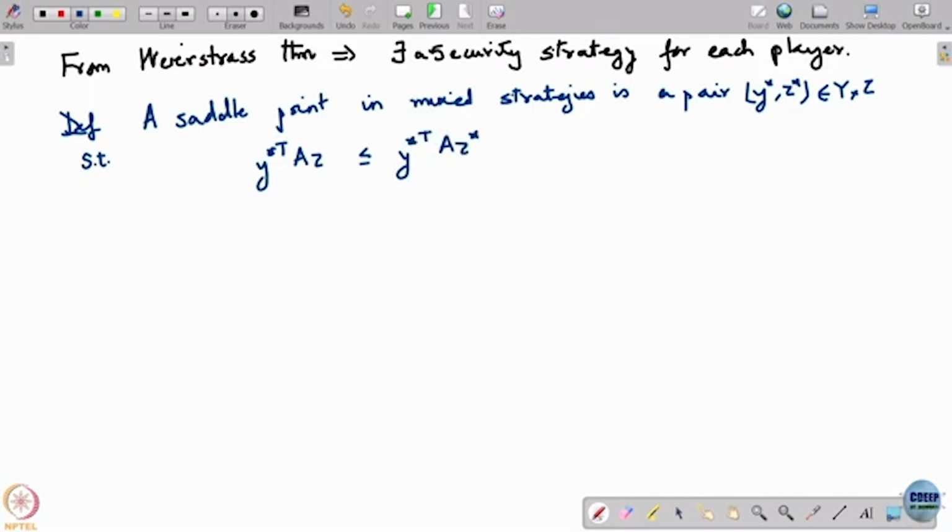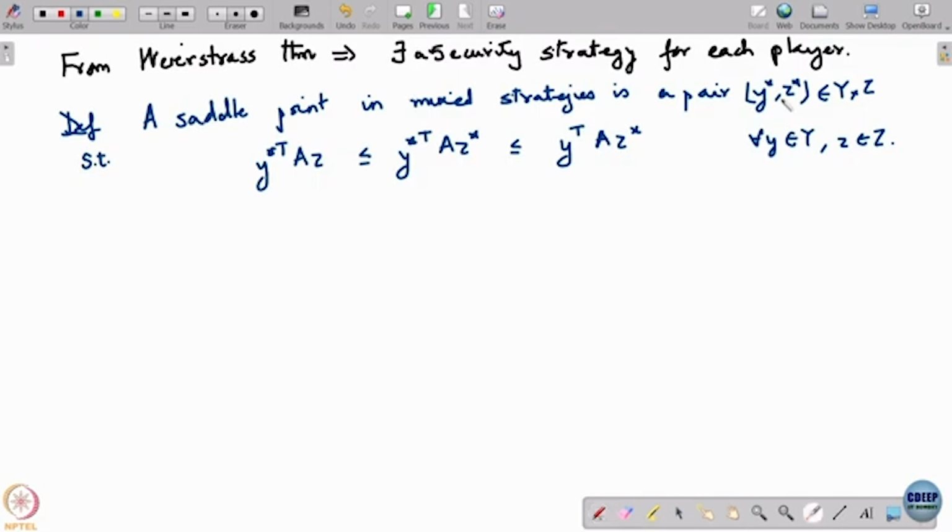So, a saddle point in mixed strategies is a pair y star, z star such that the analogous set of inequalities holds. So, y star transpose A z is less than or equal to y star transpose A z star, and y star transpose A z star is in turn less than or equal to y transpose A z star.